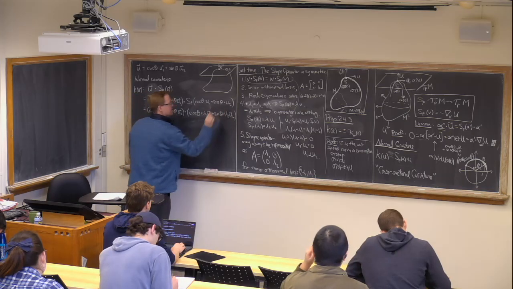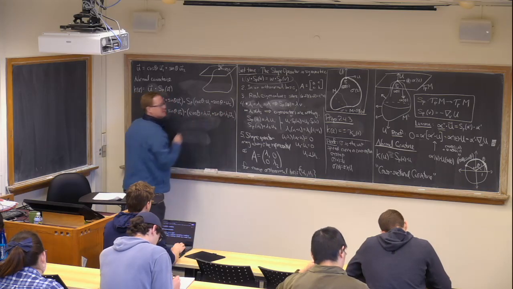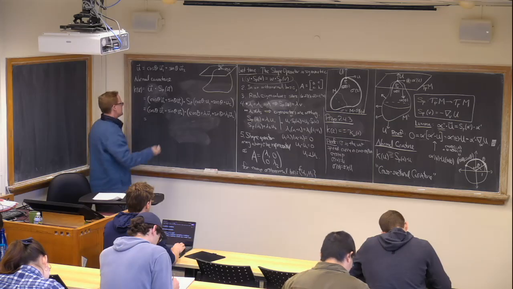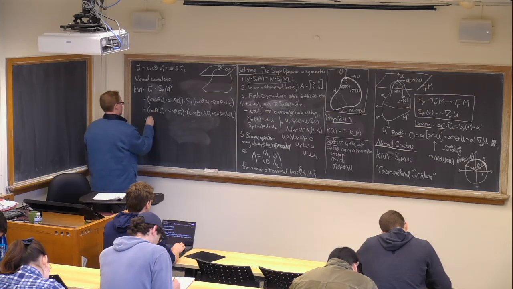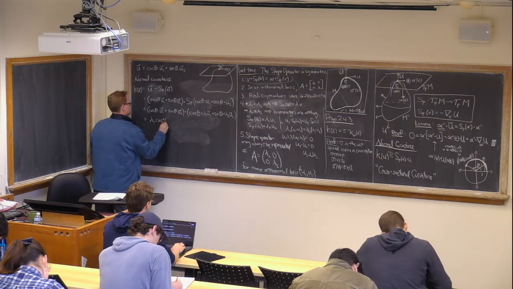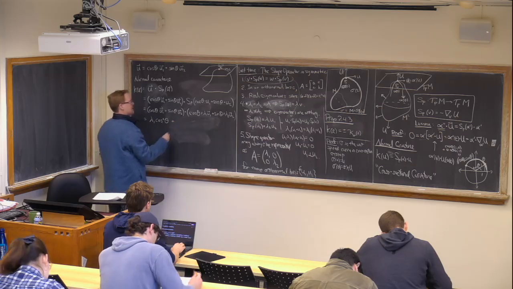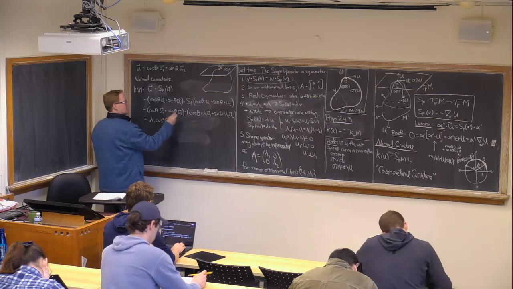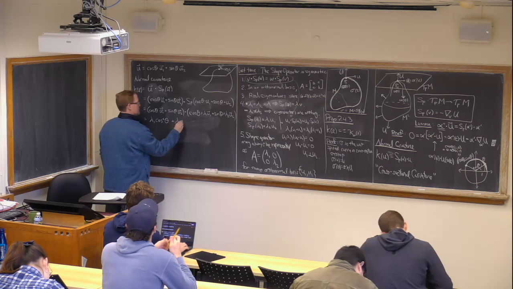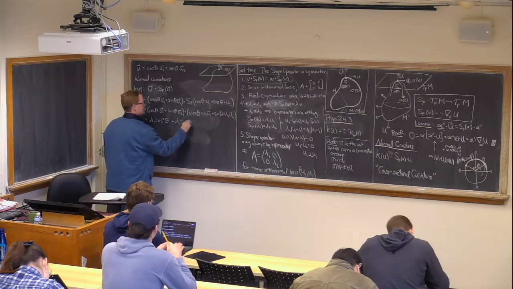It's 1, because it's a unit vector. Can anyone tell me what u2 dot u2 is? 1, right. So this first term is just going to be lambda 1 times cosine squared theta, times 1, because u1 dot u1 is 1. And the second term is going to be lambda 2 times sine squared theta.